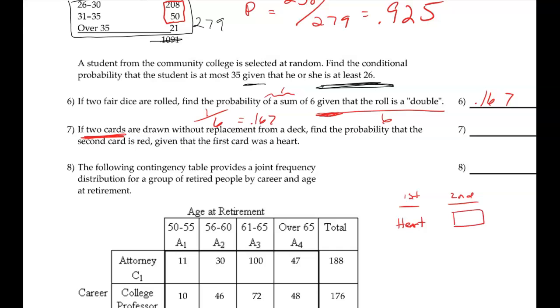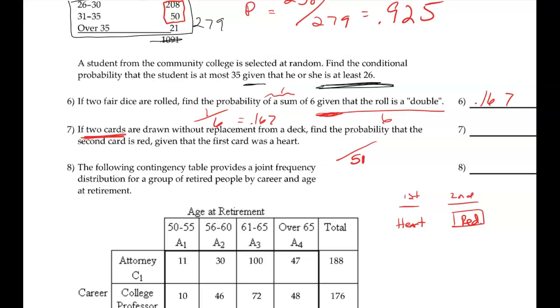And we want to know now what would be the probability, without replacement, that the second card is red? Well, let's think about this. Because of this condition, we no longer have a 52 deck of cards. We're actually down to 51 cards because we took that first card out and we're leaving it out. So now we have 51 cards.